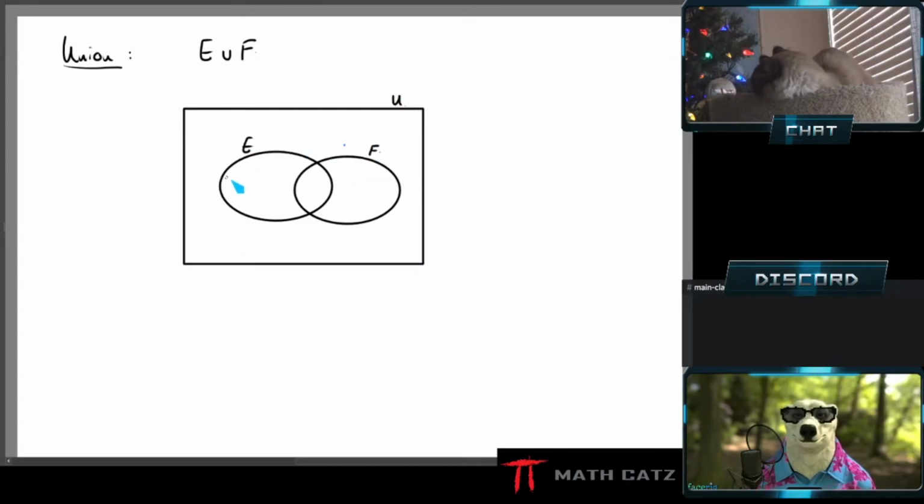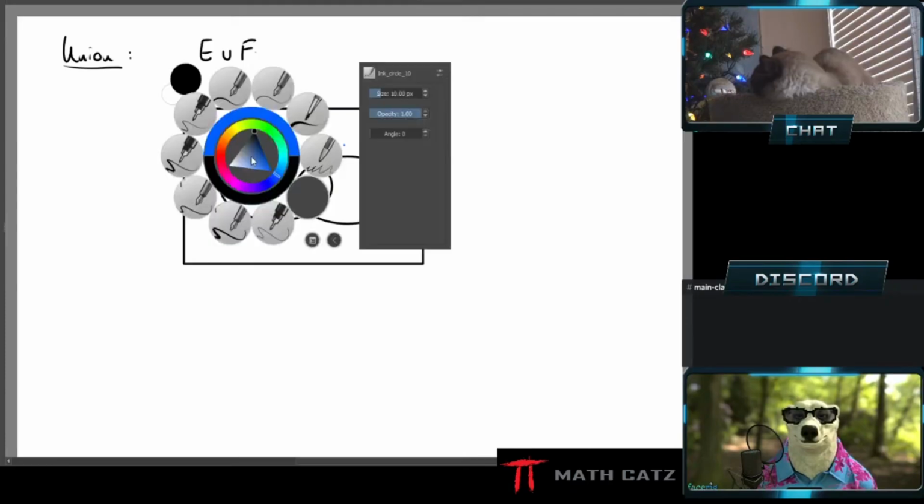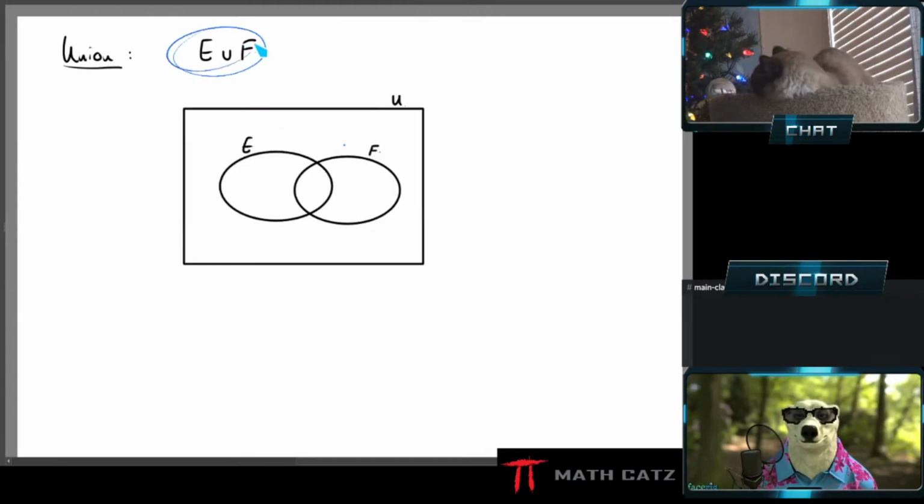Everything is in the rectangle. Then the union of the two is just throwing everything together. Let's make it blue. Everything that E contributes, everything that F contributes, pooled together. So everything that is in E or in F or in both. And that's why often we're associating the union with the word or.